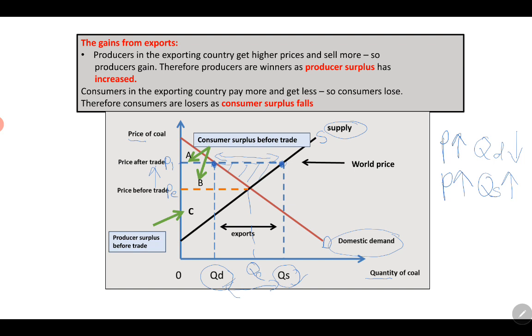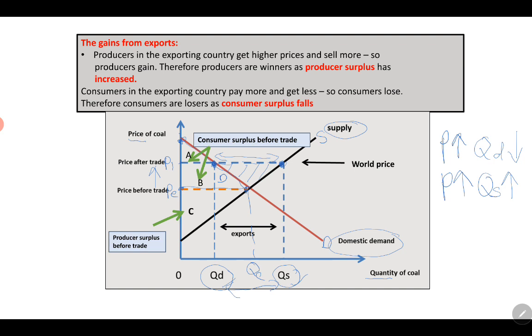Let's analyze the surplus. What has happened to the surplus? Before the trade took place, this was your area of surplus, A, B, and let me put D also here. This whole big triangle is your consumer surplus.